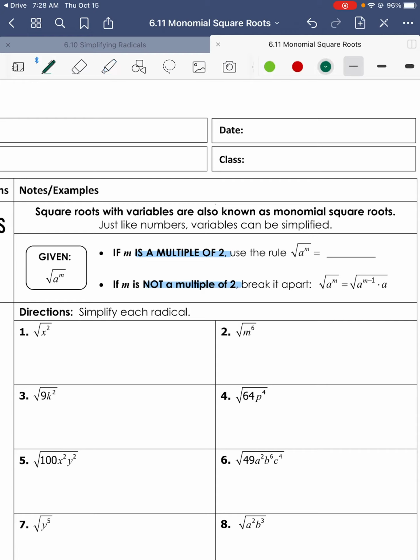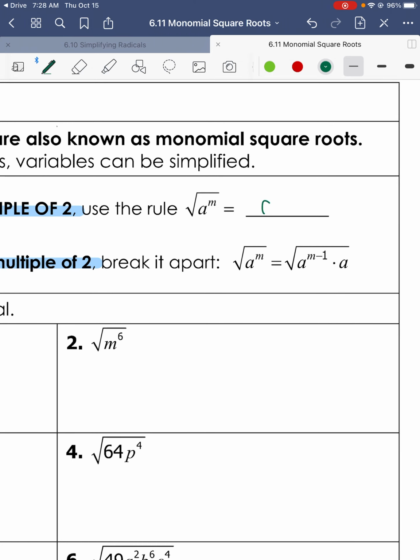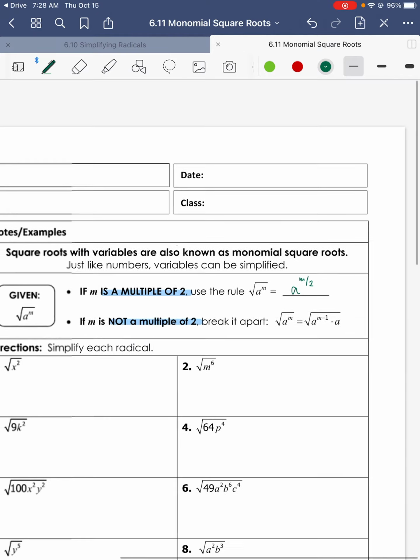Okay, so if it's an even number, then when you take the variable out of the radical, you're just going to write it without the radical, and then you're going to divide the exponent by 2. So if we have the square root of a to the 8th, we can just write that as a to the 4th, which is 8 divided by 2.